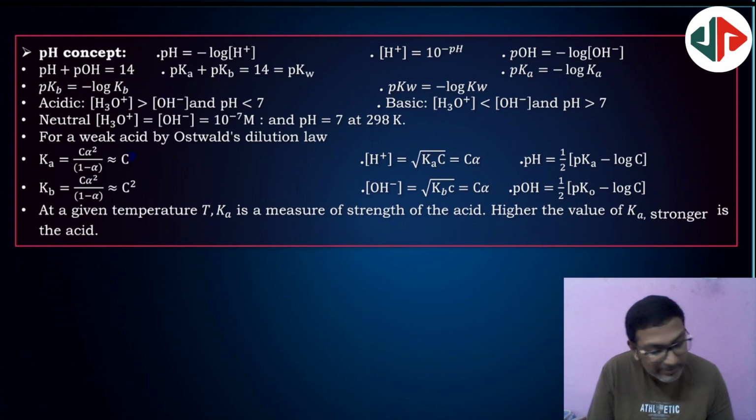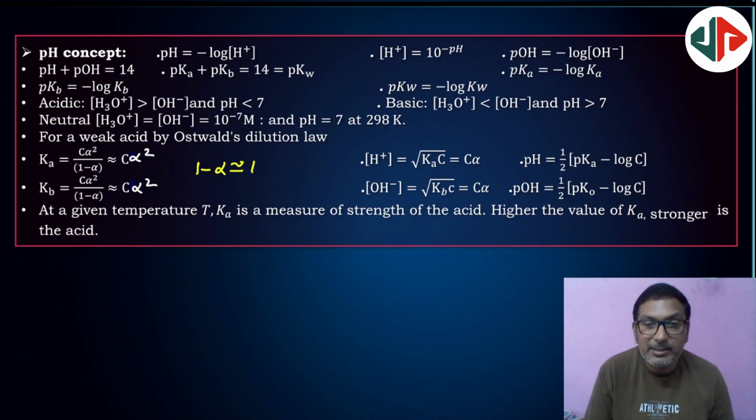Since alpha is very small, 1 minus alpha is approximately equal to 1. Next, Kb equal to similarly C alpha square. Ka is the dissociation constant of acid, Kb is the dissociation constant of base. H plus equal to C alpha, OH minus again C alpha.